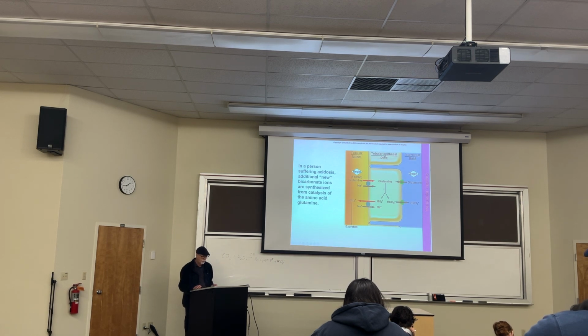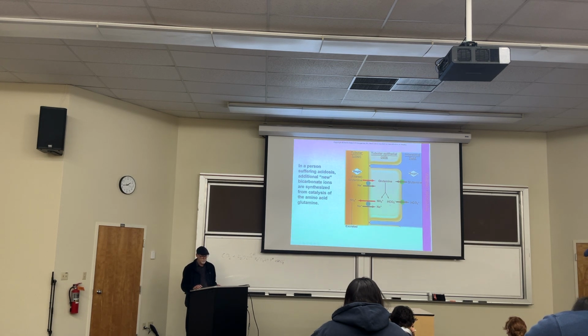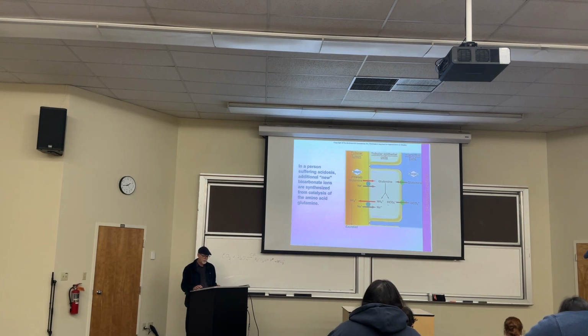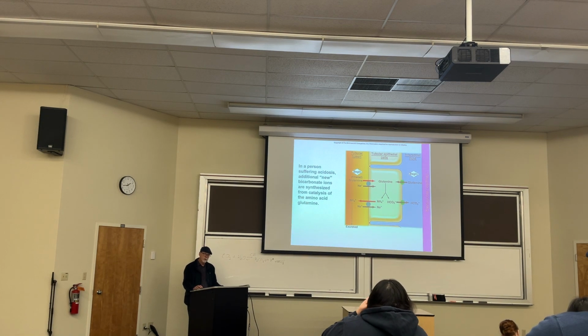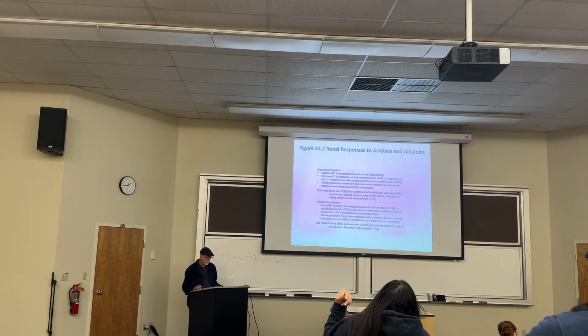Here's another way. You can take the amino acid glutamine and convert it into ammonium ion and secrete it and reabsorb bicarbonate. So those would be for acidosis. Now, you would do less of this if you were in alkalosis. So here's your responses to acidosis, and here's your responses to alkalosis.